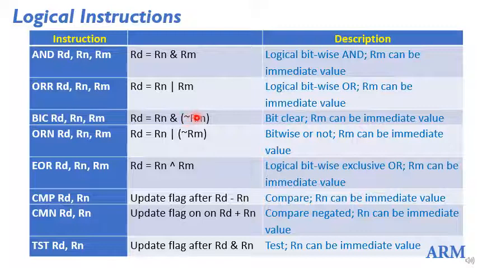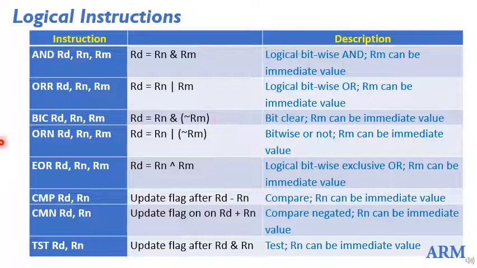Okay, and that is ANDed with the first source operand. That means the expression is Rn AND not of Rm. Okay, so AND operation is a direct bitwise AND of Rn and Rm, whereas bit clear is a bitwise AND operation of Rn and the complement of Rm, and Rm can be an immediate value.